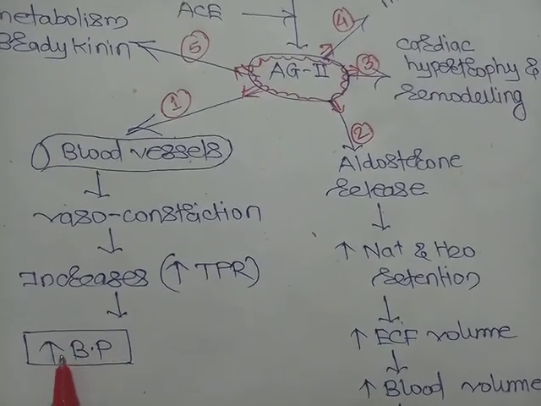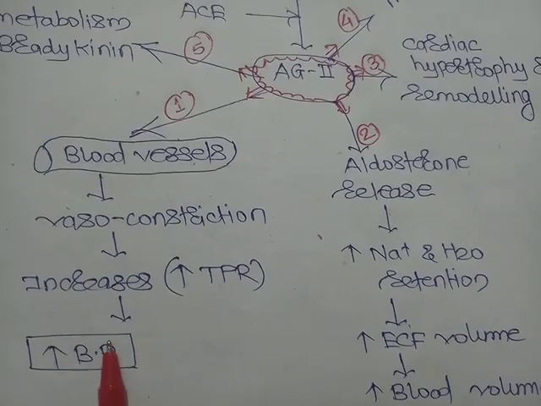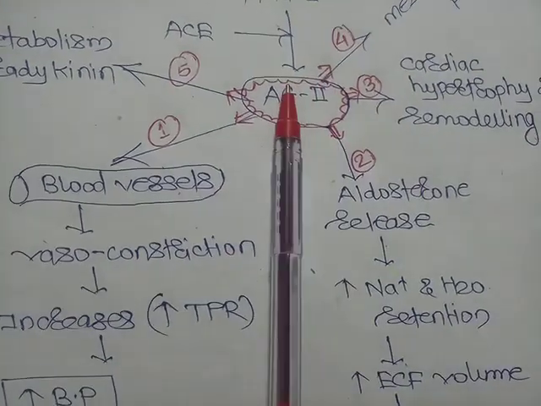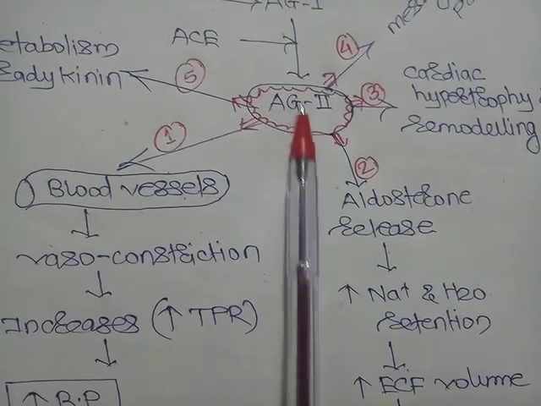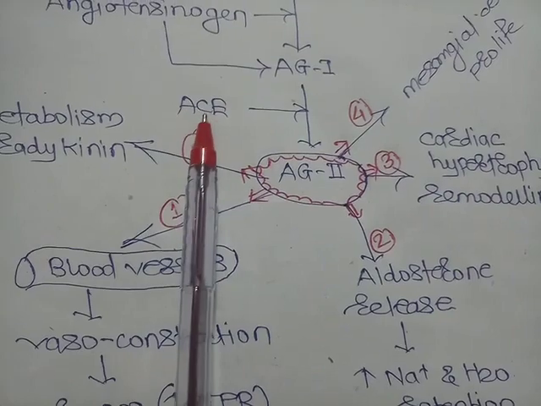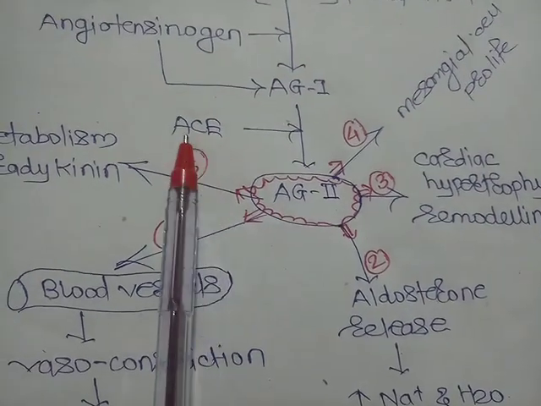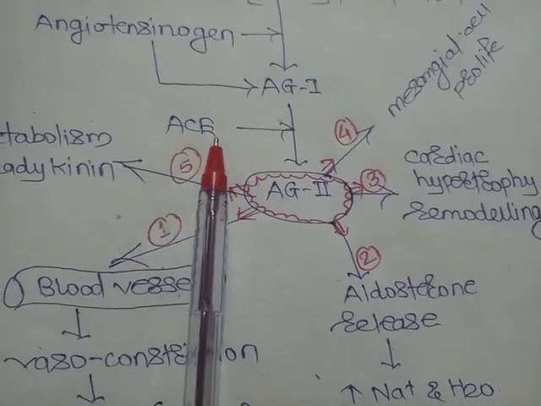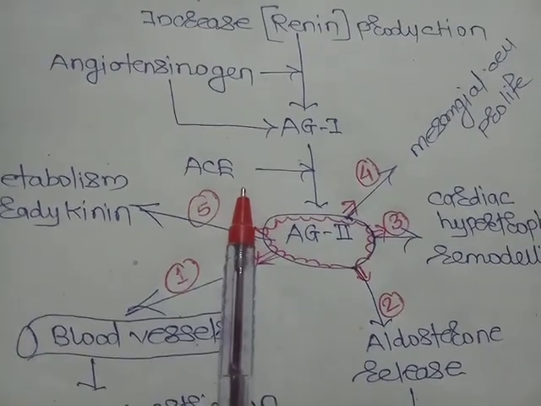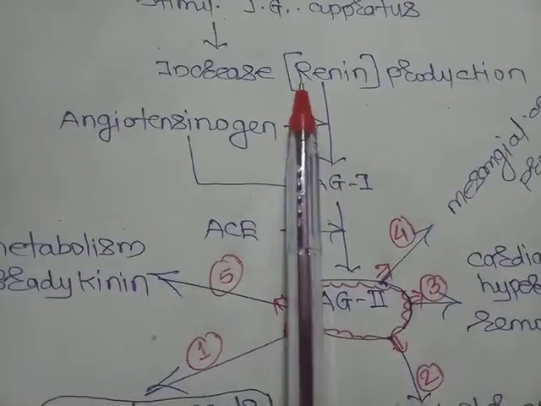So if you want to reduce the blood pressure, you have to inhibit this angiotensin 2. How will you inhibit it? By inhibiting this enzyme, the angiotensin converting enzyme. How will you inhibit the angiotensin converting enzyme? By giving ACE inhibitors. Again, what can you do? You can give a direct renin inhibitor.